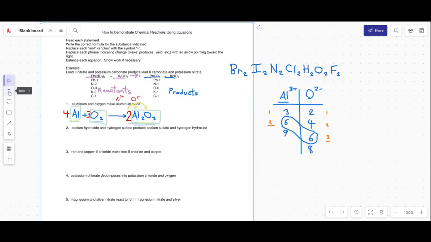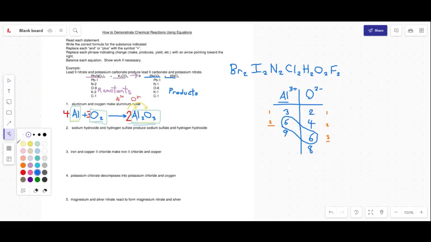So in this case, we're dealing with all compounds, no elements. So sodium hydroxide, is that an ionic compound or a covalent compound? Yeah, ionic. Very good, Tierney.